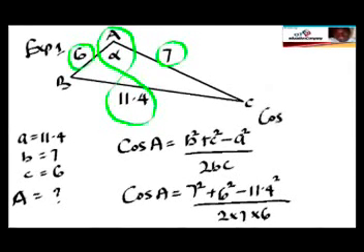Let's see, 7 square will give us 49, plus 36, minus 129.